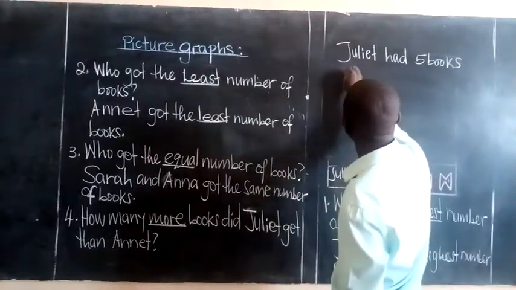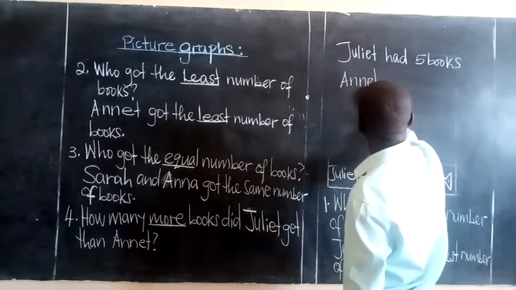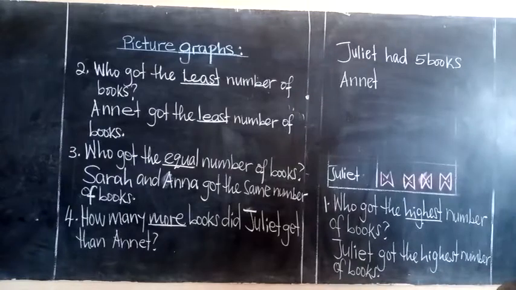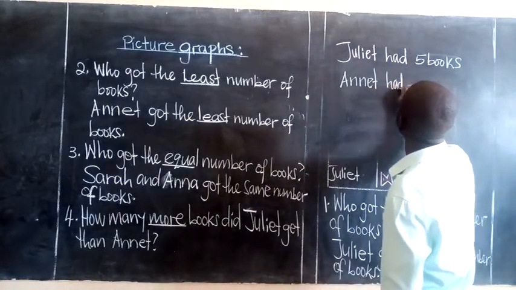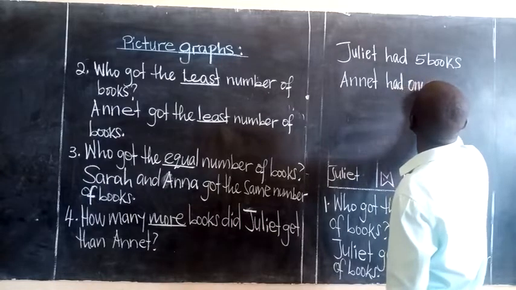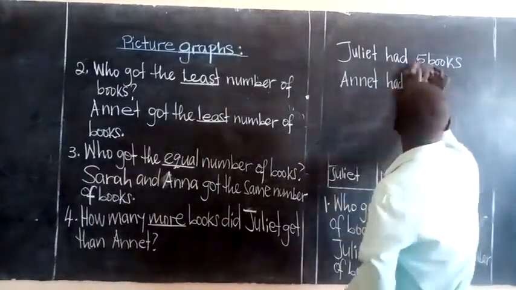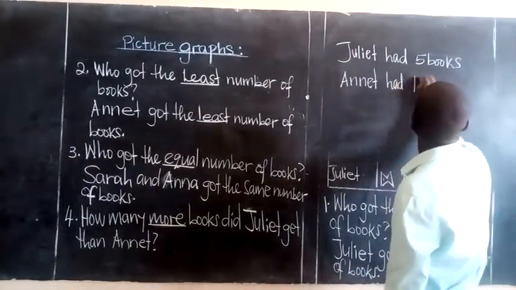Then Annette had how many books? Annette had 1 book. Since we are using figures, let's use figures throughout. Annette had 1 book.